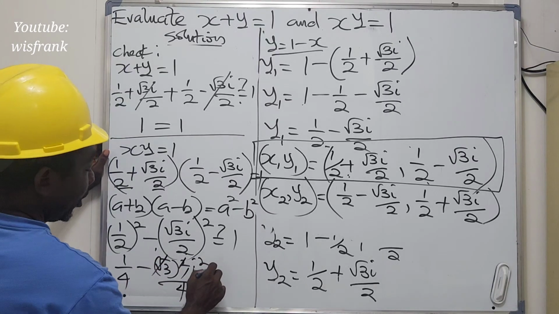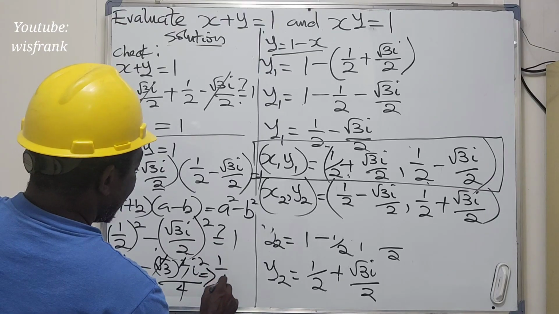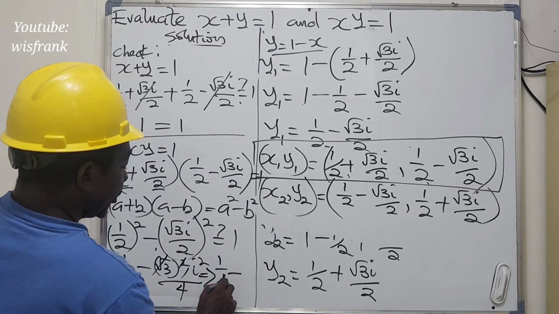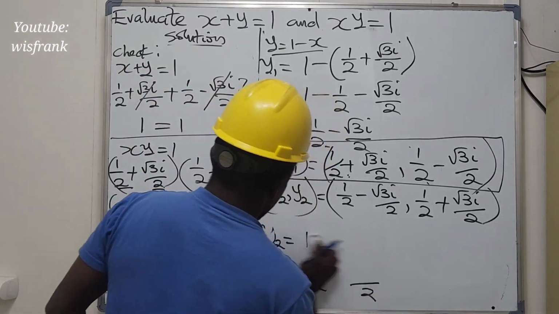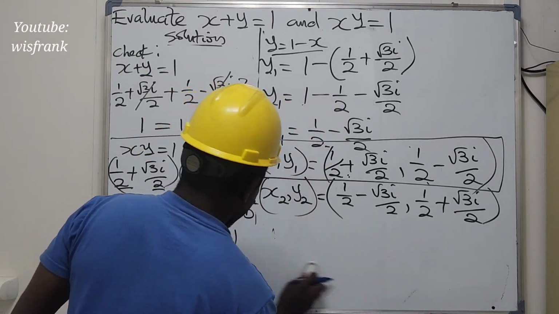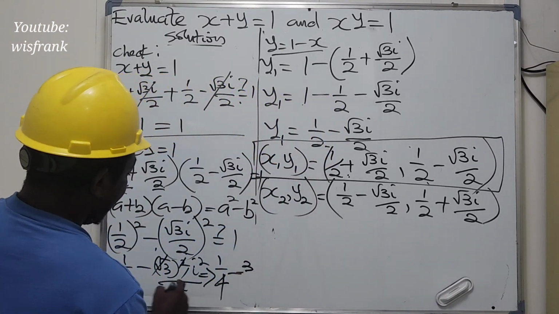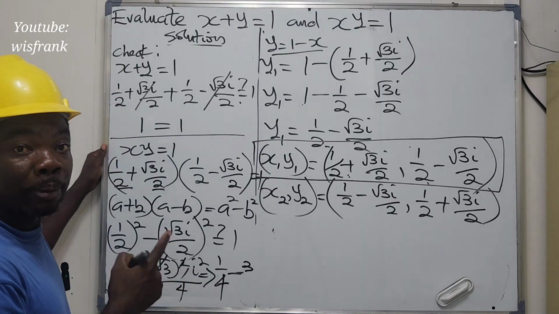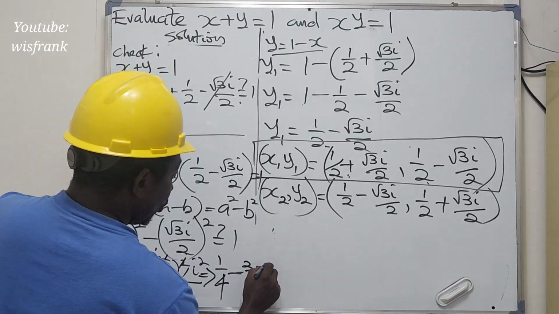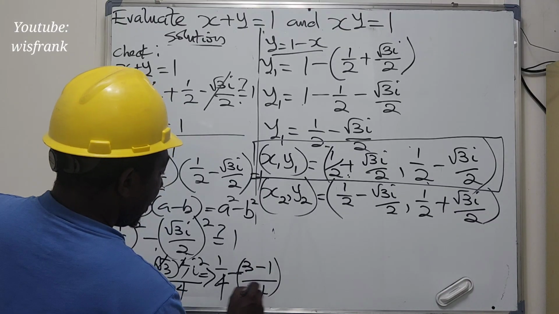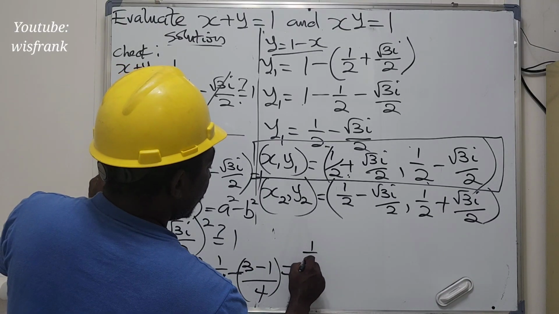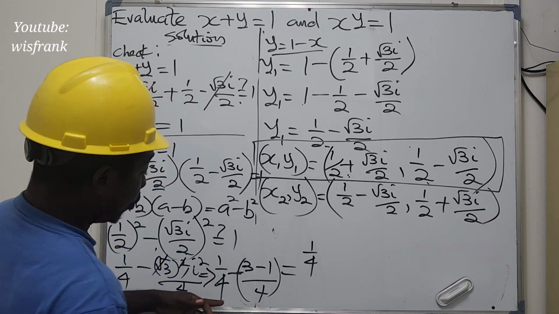So this is going to equal 1 all over 4 minus 3, that means we have 3, then i to the power of 2 is minus 1, then all over 4. Will it equal 1?